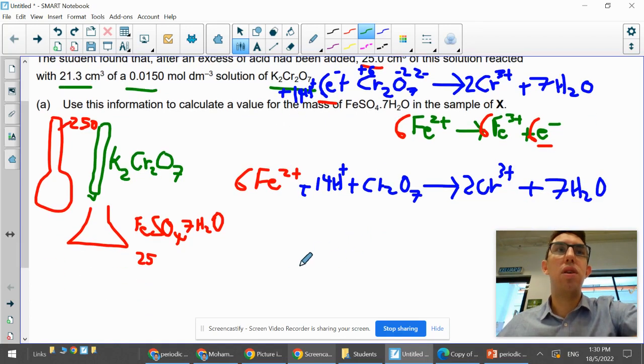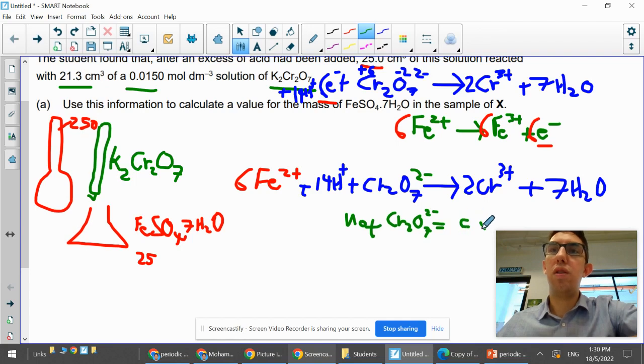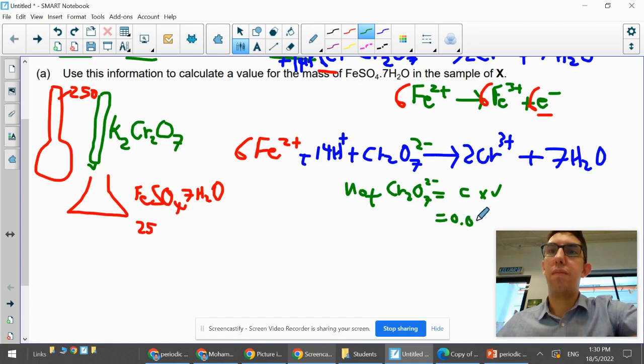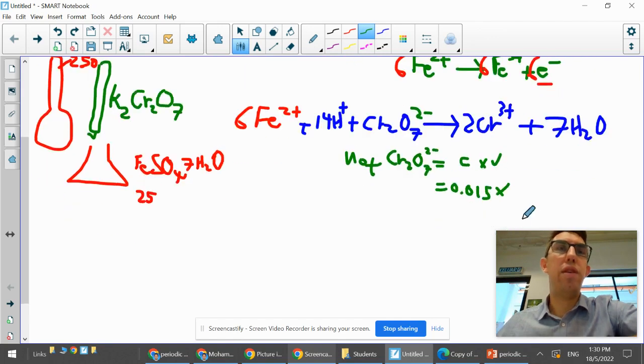Moles of dichromate, oops, I forgot the charge, equals concentration times volume. Concentration is there, 0.015. Volume, 21.3 over 1,000.